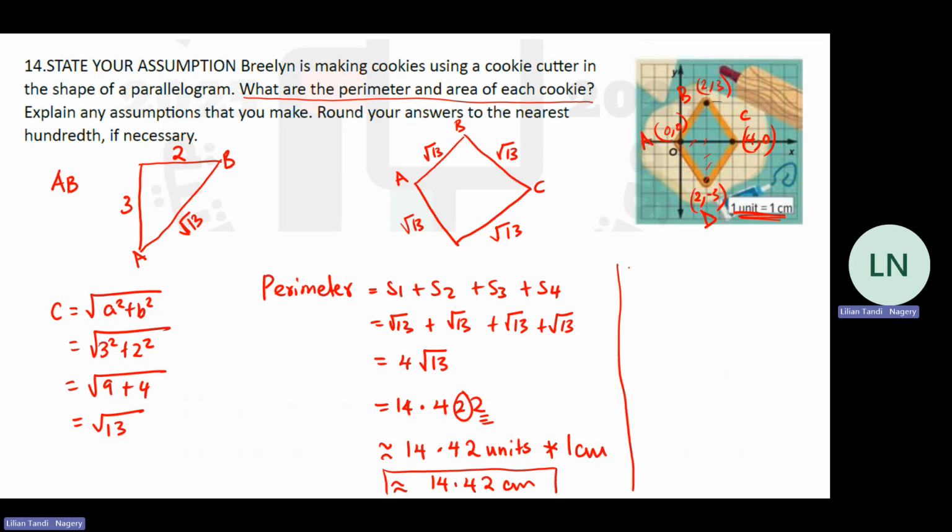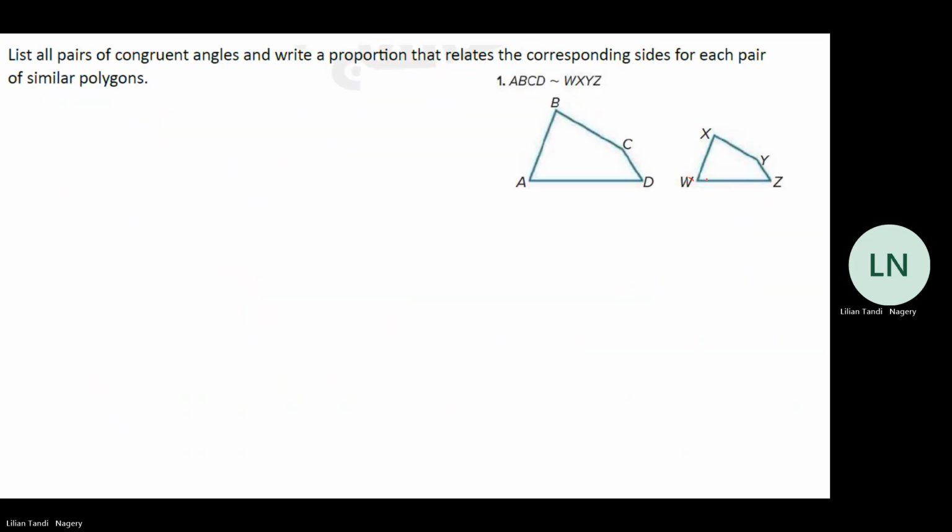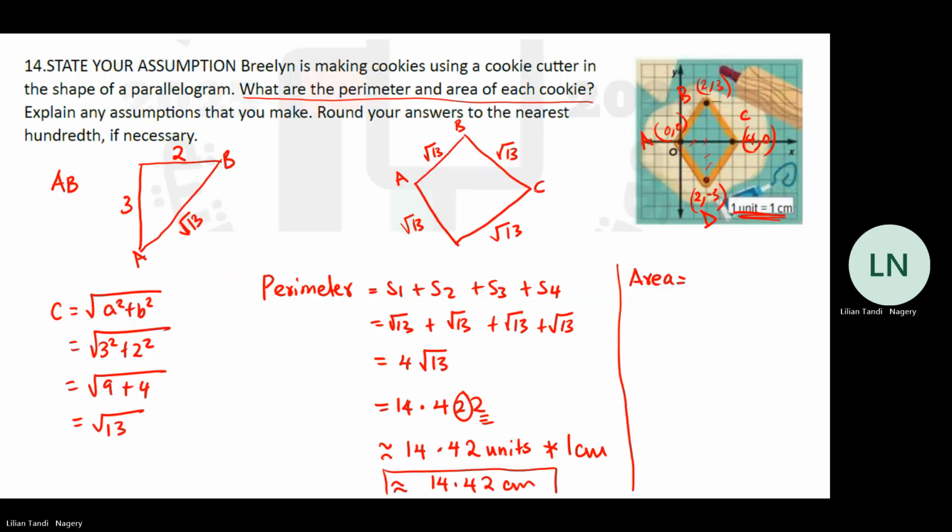Now we find the area of this shape. Area equals, so we need to find the perpendicular distance. Because this is a rhombus.